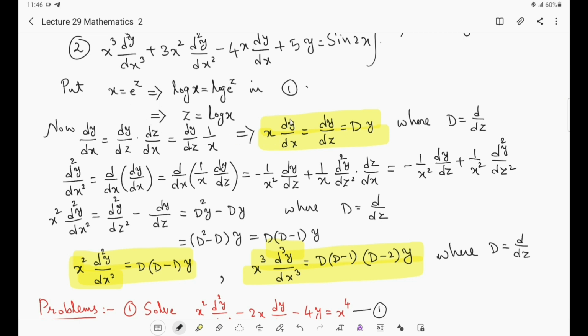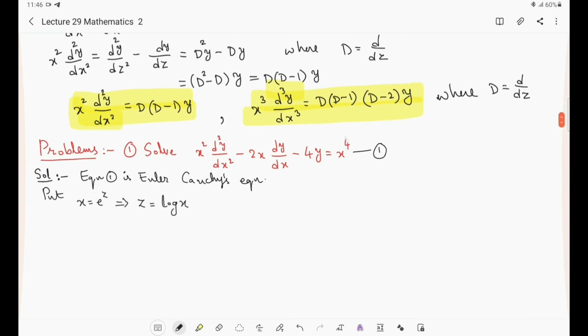Because of this substitution, x into dy by dx can be written as capital D into y.